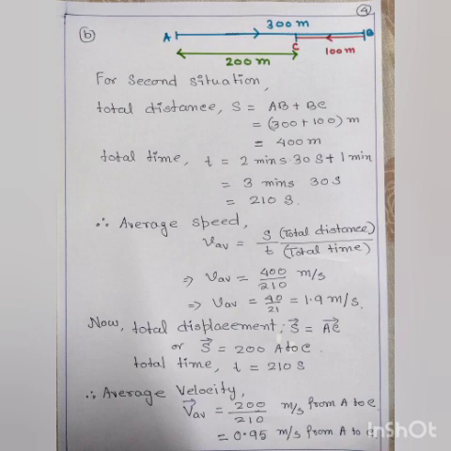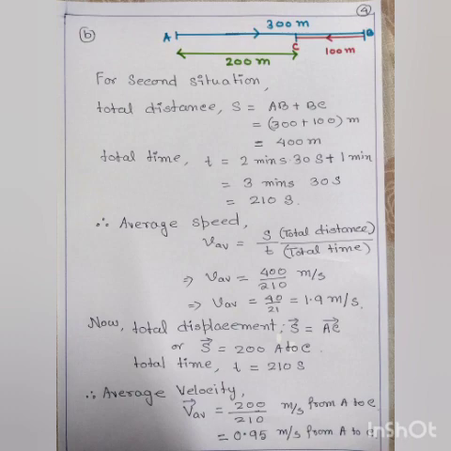Now let us discuss its average velocity. Now total displacement here will be, see, this is very important for this numerical. Total displacement is AC, means the shortest distance between the initial and final position. So total displacement here is AC, that is only 200 meter, means 300 minus 100, that is 200 meter.